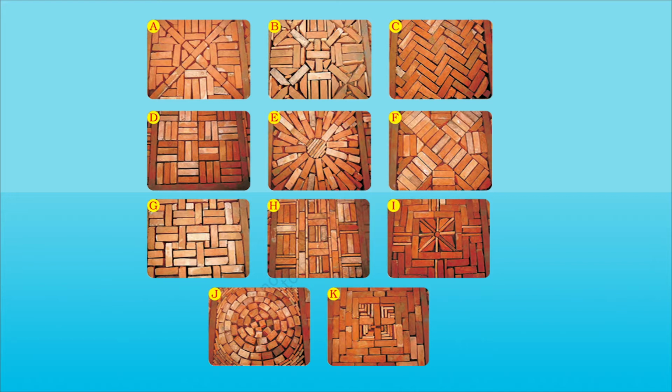Now let me ask you some questions. Observe these patterns and try to answer. Which pattern is made in circles? Yes, you are right. The pattern which is given in figure J is made in circles.